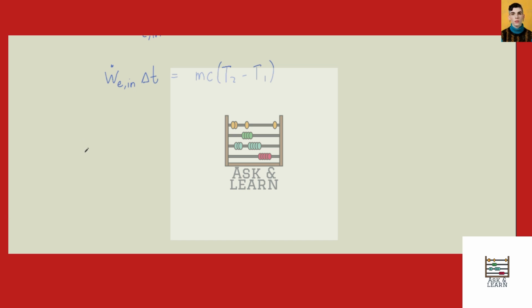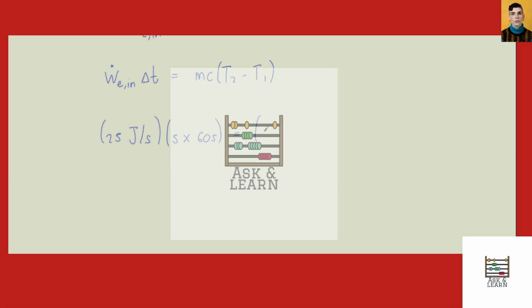We use the energy balance equation and we substitute our values in. The power rating of the device is 25 watts, which is 25 joules per second. And we are interested in a time of 5 minutes, so that's 5 times 60 seconds.